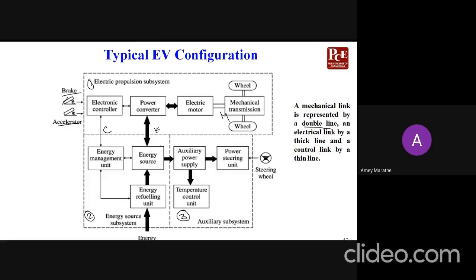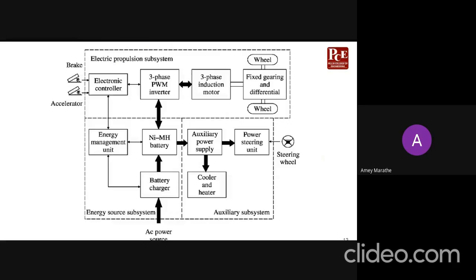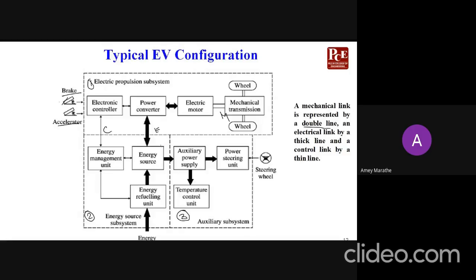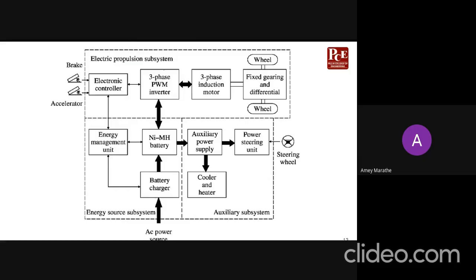And if I just replace the names with some actual components, this is how it will look like. Again the same diagram, but if you compare it with the last diagram, instead of this component power converter, now we have a three-phase inverter.